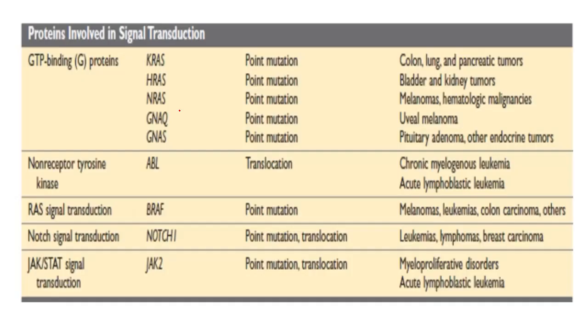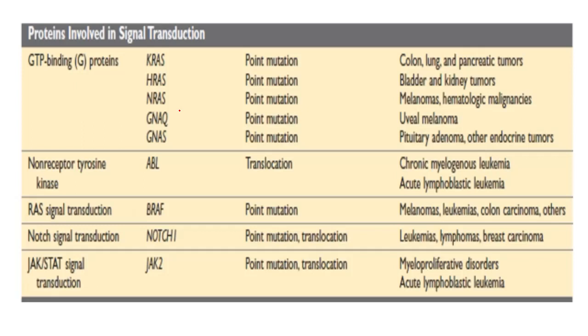Then there are proteins that are involved in signal transduction. First, the RAS protein: it is inactivated by GTP hydrolysis through its GTPase activity, and GTPase mutations also cause loss of this inactivation. So RAS proteins can undergo point mutations. KRAS is seen especially in colon cancer, lung and pancreatic tumors, HRAS in bladder and kidney tumors, NRAS in melanoma and immunological malignancies, and GNAS in pituitary adenoma.